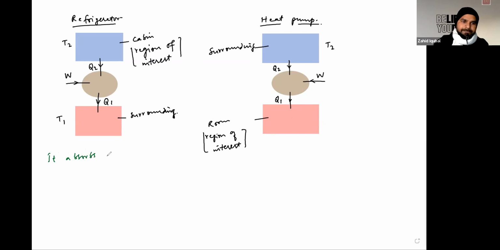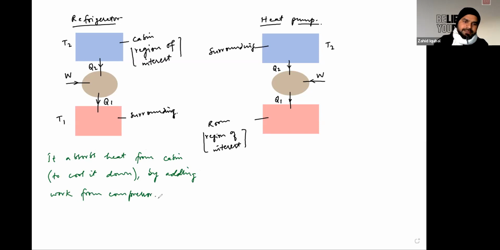So in first part, we can say for fridge, it absorbs heat from cabin to cool it down by adding work from compressor. It ejects heat into surrounding.